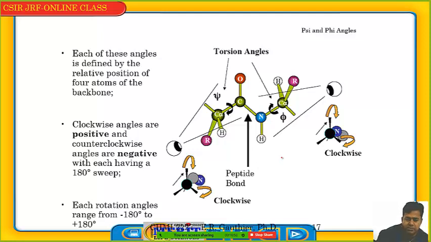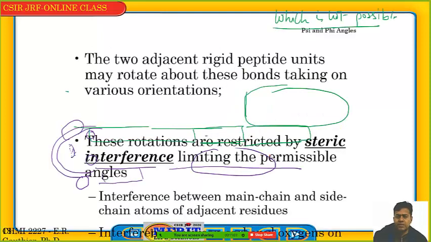So you can see the minus and plus designation is there only to denote plus clockwise, minus anti-clockwise. Okay, so actually the Ramachandran plot is going to predict which movement shows steric interference, right, and which one is permissible.